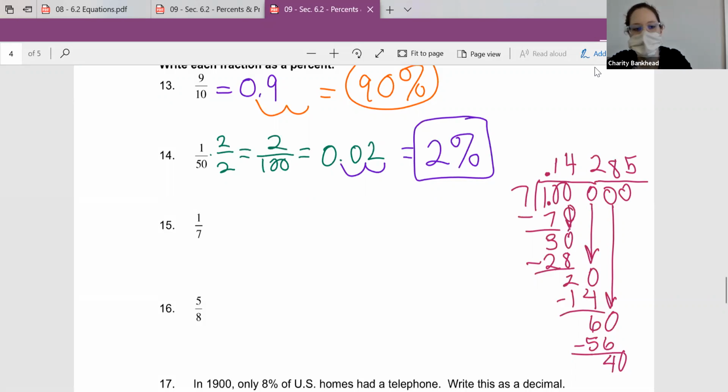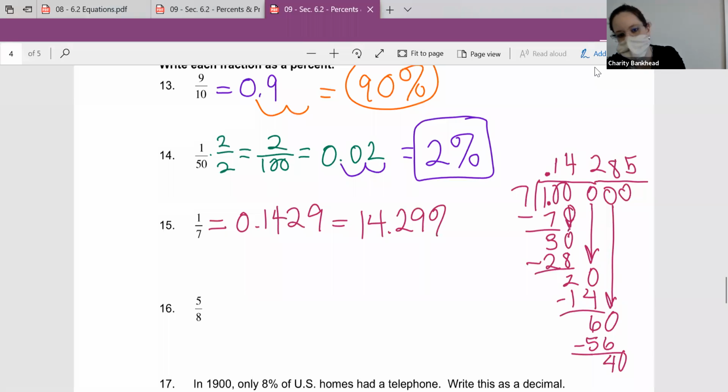Okay, so of course I should know that. All right, so we'll call it 0.1429, and we'll do it like that. And then we would change that to 14.29%.